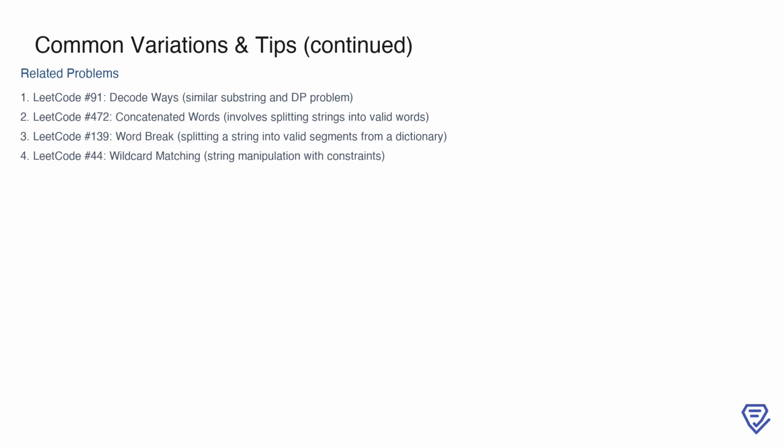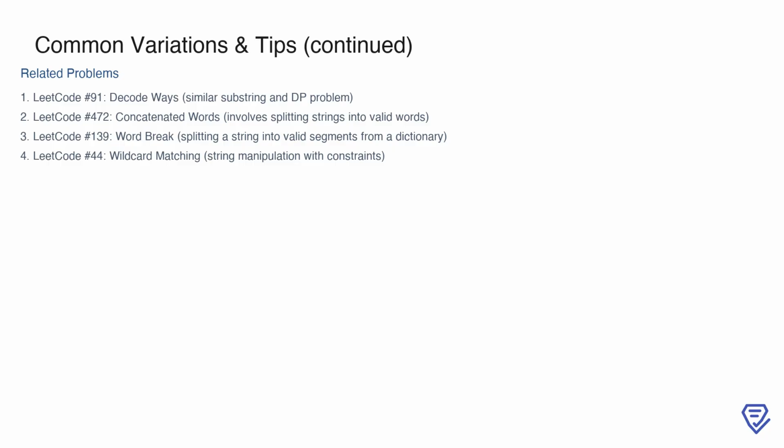Similarly, LeetCode number 139, Word Break, challenges you to split a string into valid parts based on a dictionary, which is another variation of the substring manipulation theme. Lastly, LeetCode number 44, Wildcard Matching, involves working with strings under specific constraints, which can help build your string manipulation skills further. Exploring these problems can deepen your understanding and prepare you to handle variations of this challenge in the future.